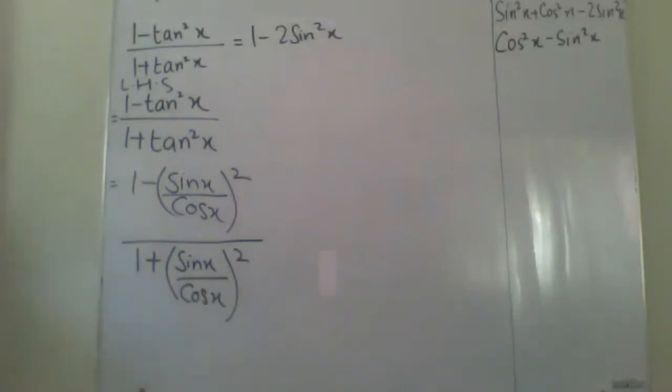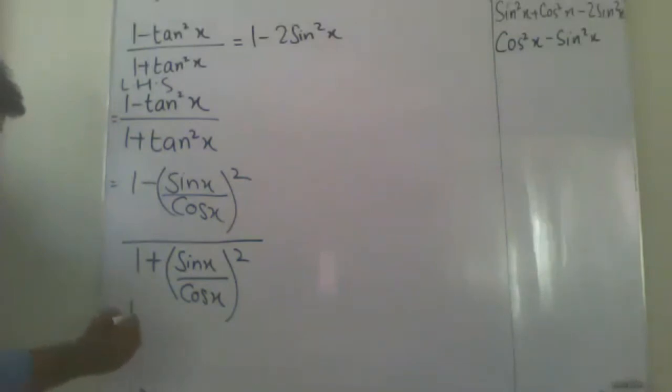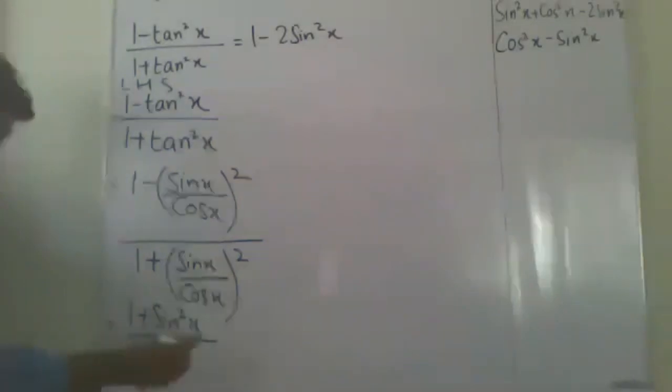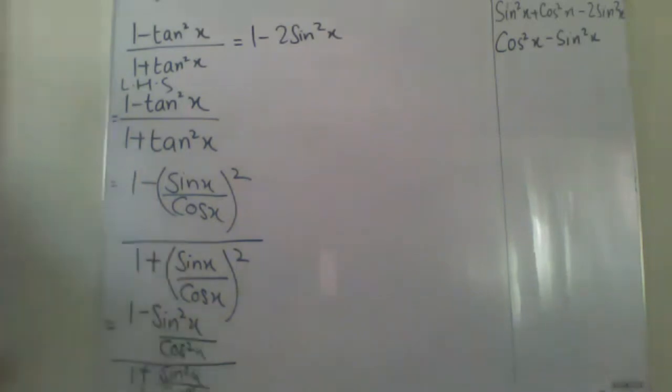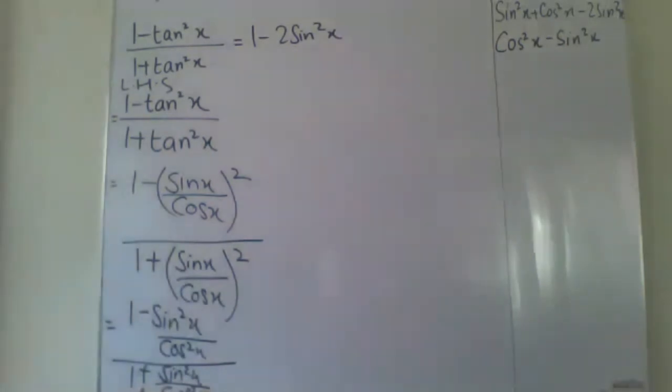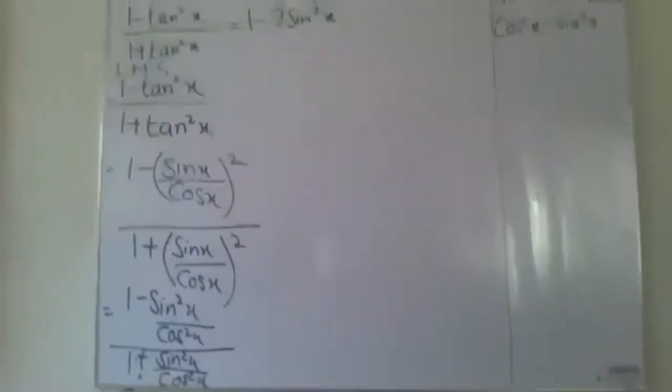Applying the square separately, 1 minus sine square x over cos square x upon 1 plus sine square x over cos square x. Okay, this is my working.